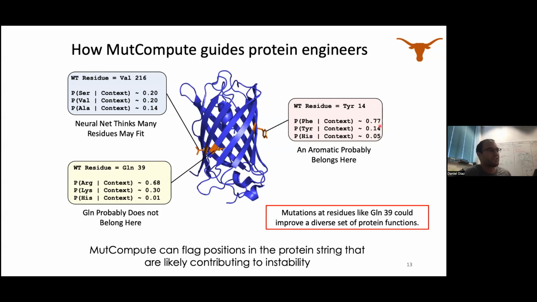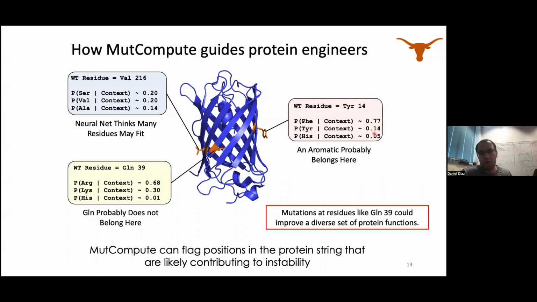Another type of misprediction is, for example, here at tyrosine 14. You can see the model is pretty confident that it should be a phenylalanine instead of a tyrosine. But if you go look at the probability distribution, you can see that the model is pretty confident that it should be an aromatic here. So the model knows that an aromatic belongs here, and it would prefer a phenylalanine, but we already have tyrosine there. So the chemistry isn't changing significantly.